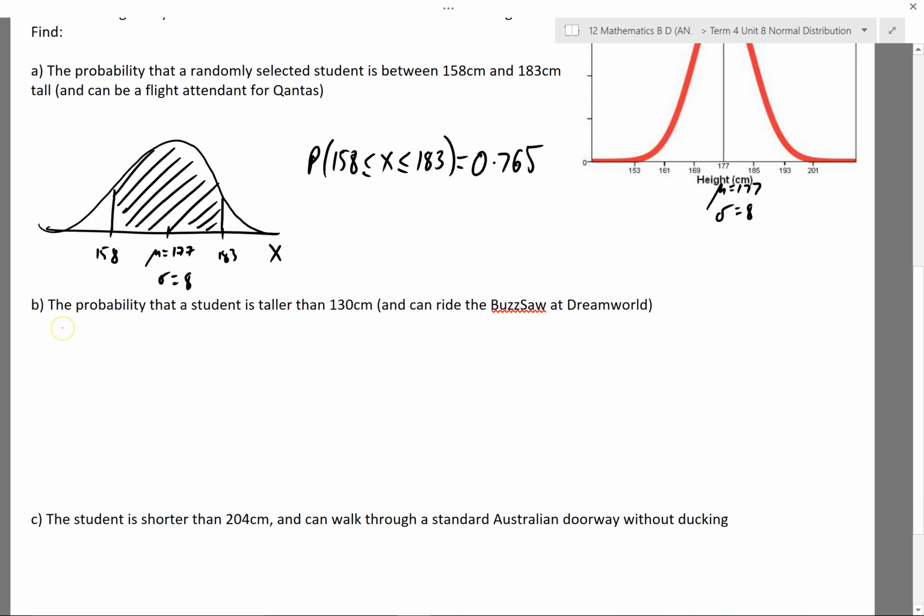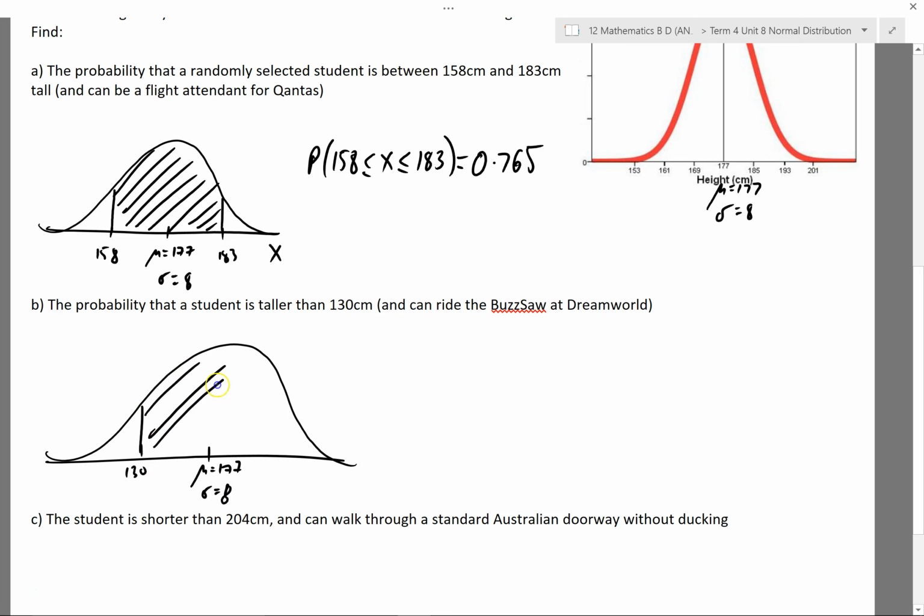Part B, probability that a student's taller than 130. So I've got this same distribution. I want it to be taller than 130, so I want this whole shaded area. I think it's going to be pretty much everyone, but I'll do the calculation anyway.